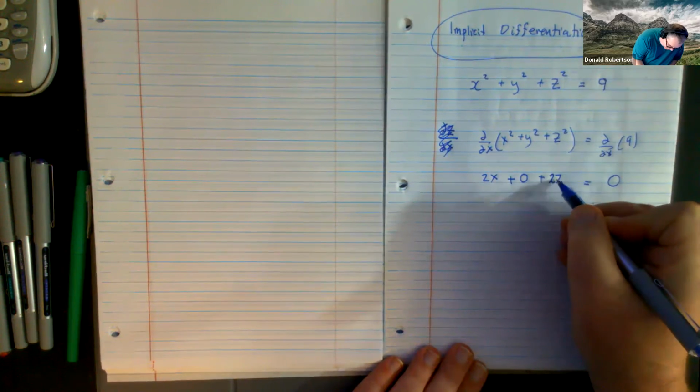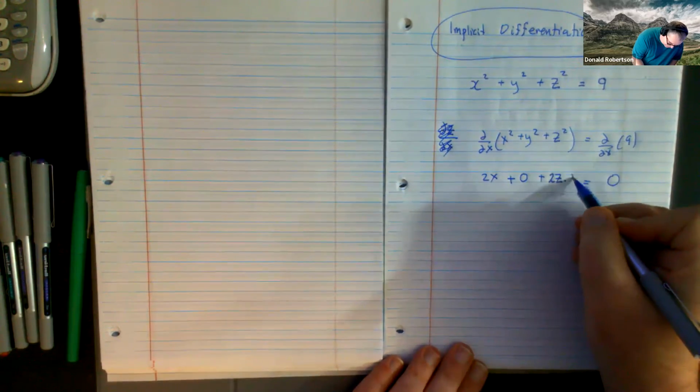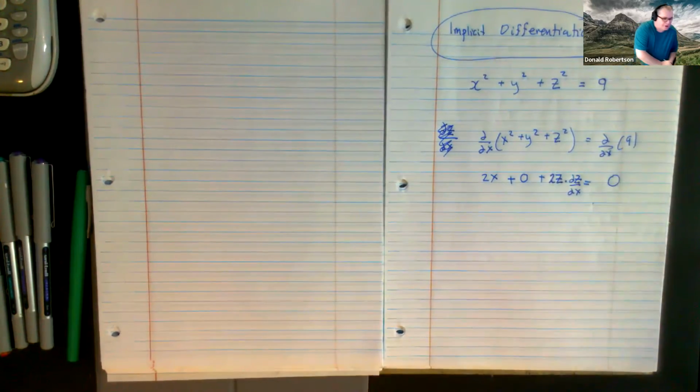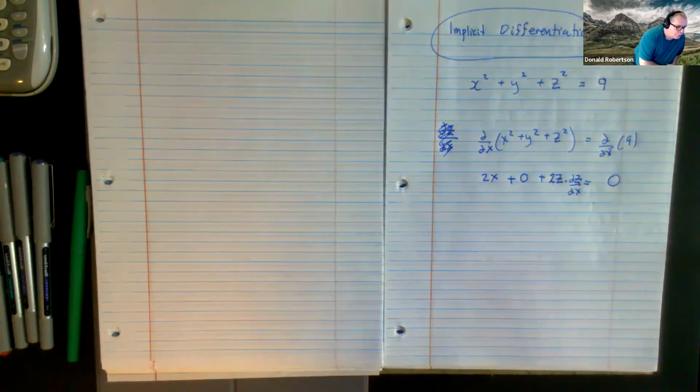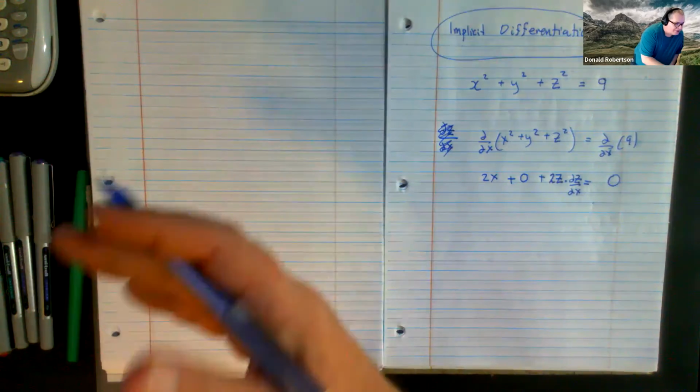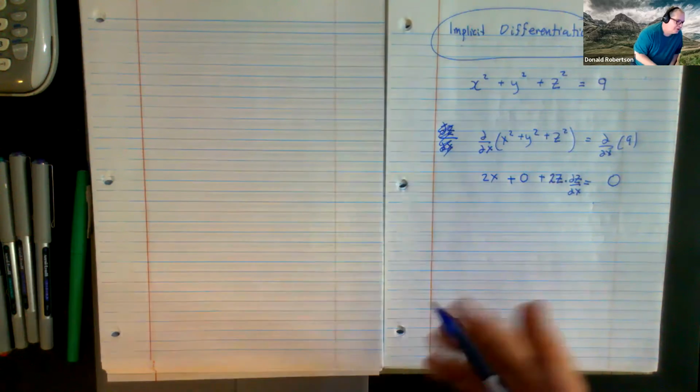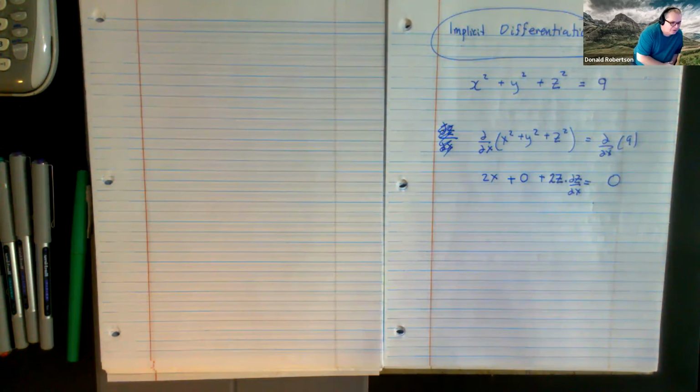You get 2z times dz by dx. Does that look a bit like a way back in Calc 1? The derivative of y squared was 2y dy by dx. You remember you did that? That was implicit differentiation way back in Calc 1, right?